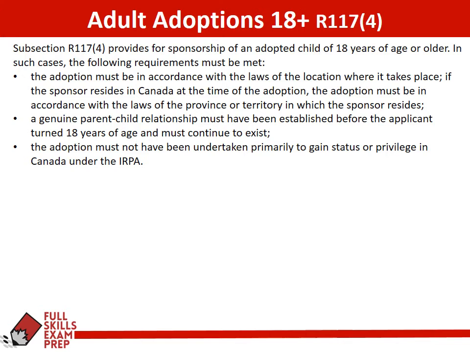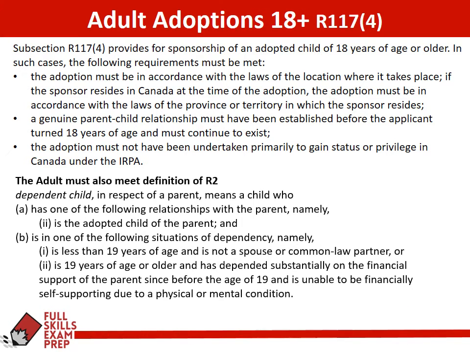Now, when you look into OP3, they tell you that this adoption for adults has to meet the definition of Regulation 2, the definition of a dependent child.